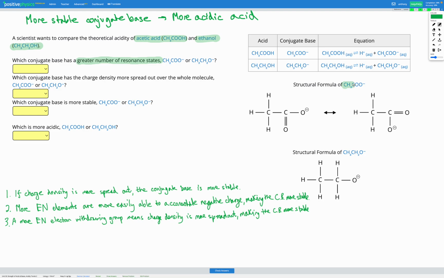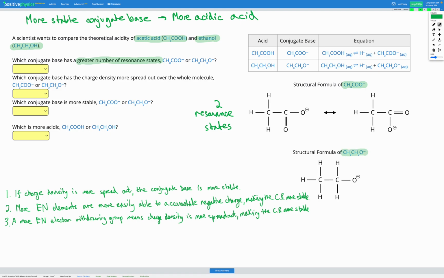So for CH3COO-, we actually have two possible forms that it takes. The double bond could be down here with the acidic oxygen here, or the double bond could be here with the acidic oxygen here. So we have two resonance states for CH3COO-.